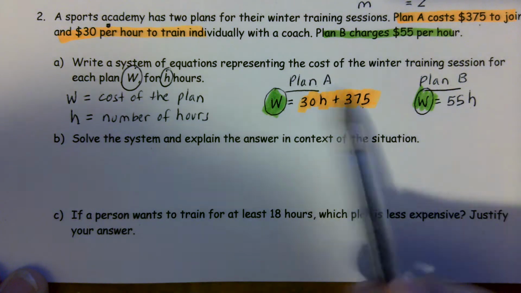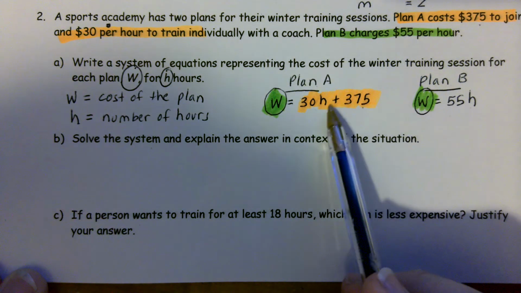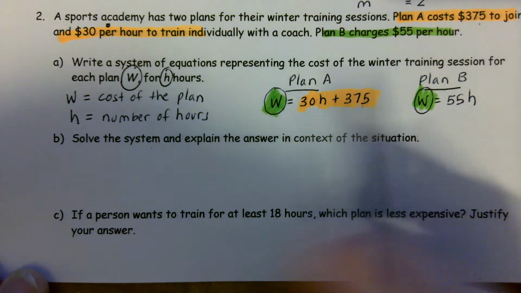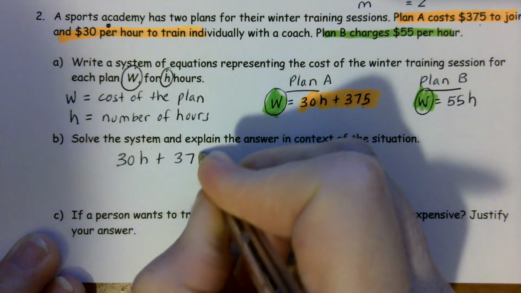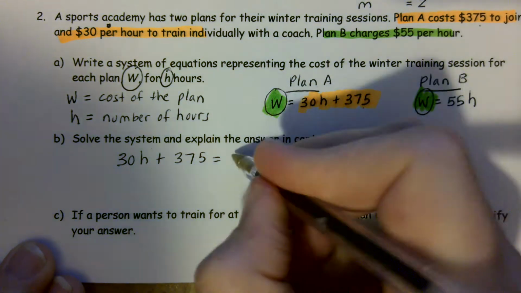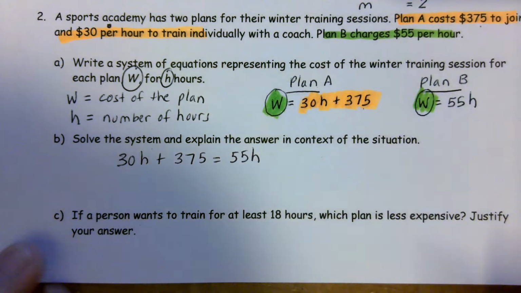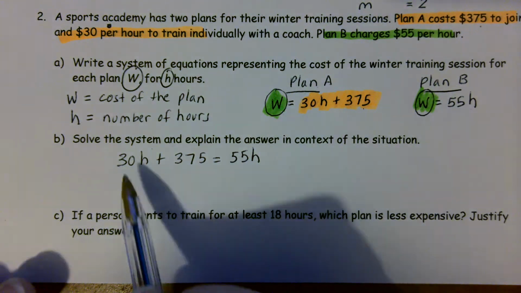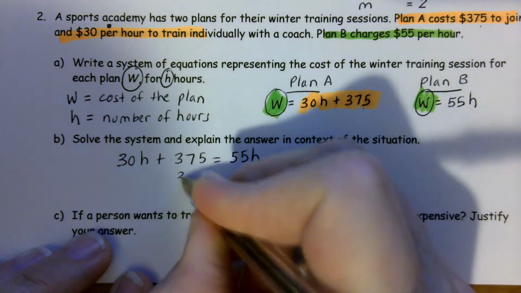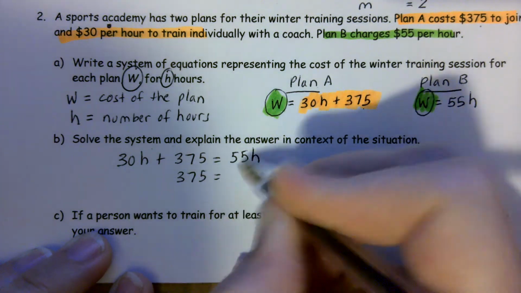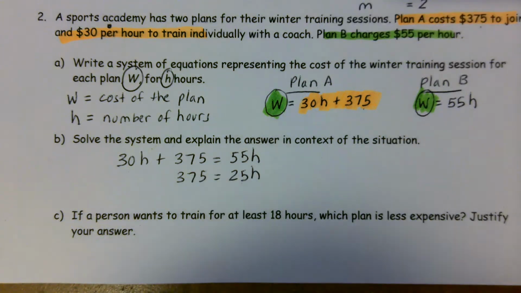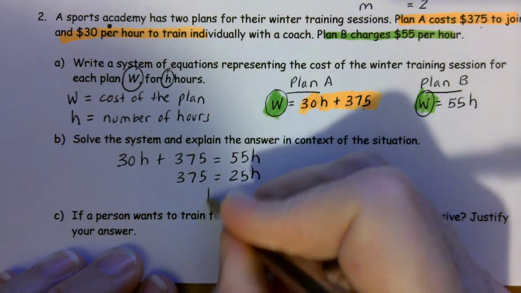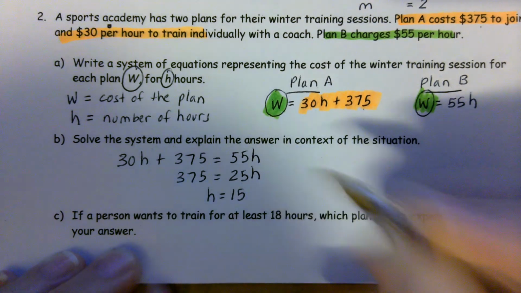So to solve the system, I replace the W here with the equivalent expression, 30H plus 375, and that equals 55H. And now we solve for this. I subtract 30H from both sides. 375 equals 25H. I divide both sides by 25, and I get the fact that H equals 15.